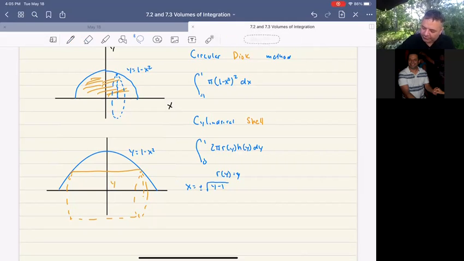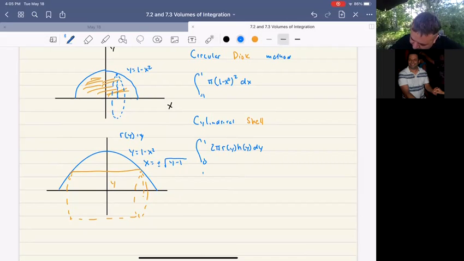Let me move that over here. So we're going to have the integral from 0 to 1 of 2 pi y times our h of y. That's going to be 2 times the square root of 1 minus y.